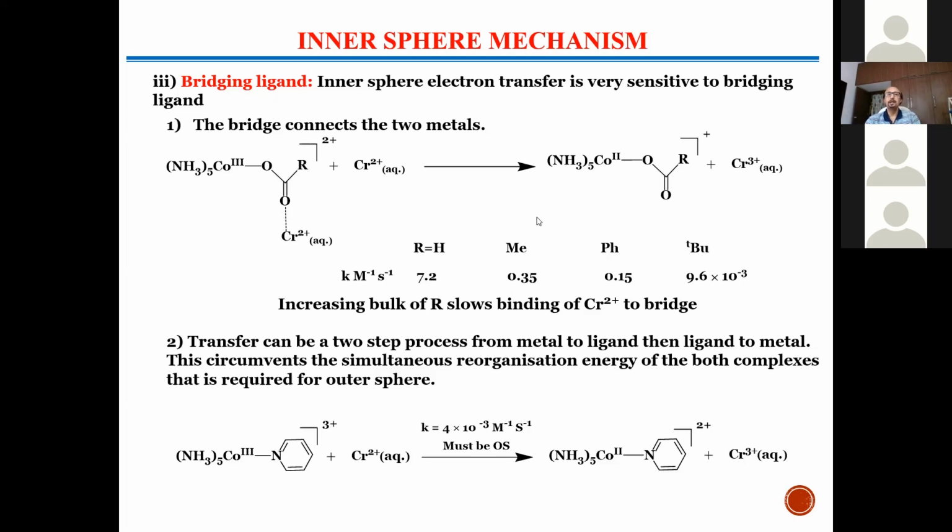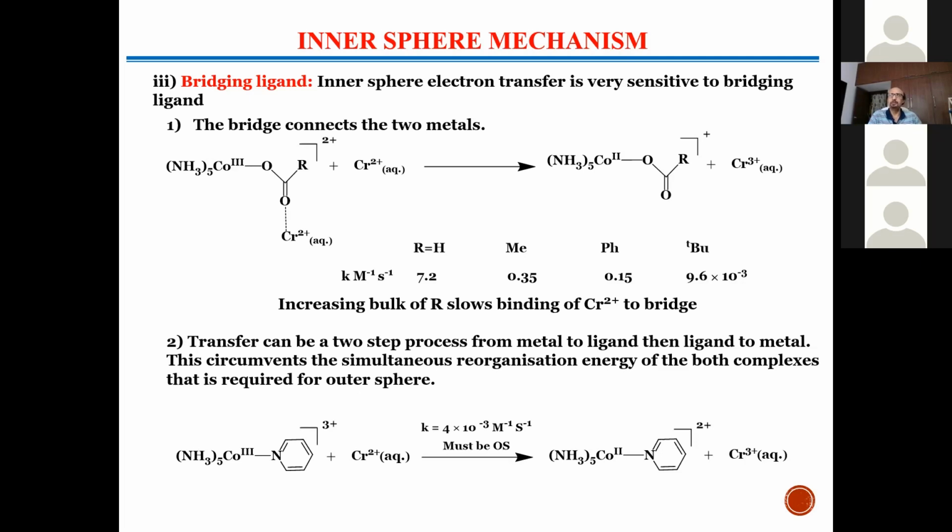Now another point is also very important as far as your inner sphere electron transfer is concerned. You can recollect, I said that it is following through a super exchange pathway. That is not the case in outer sphere.